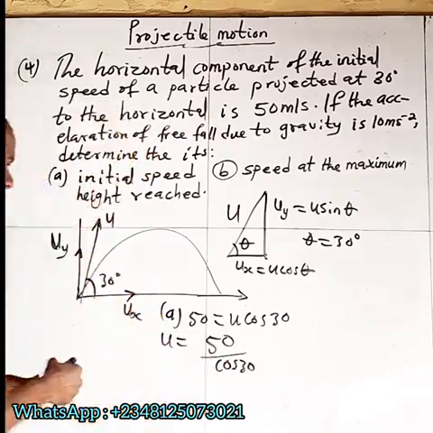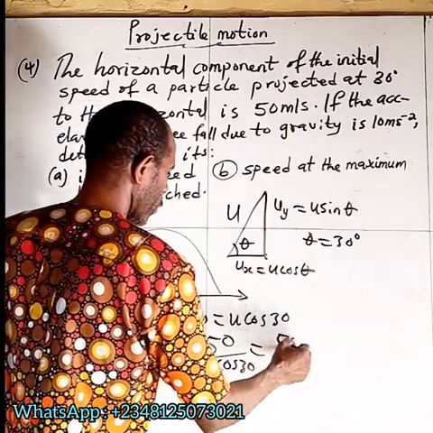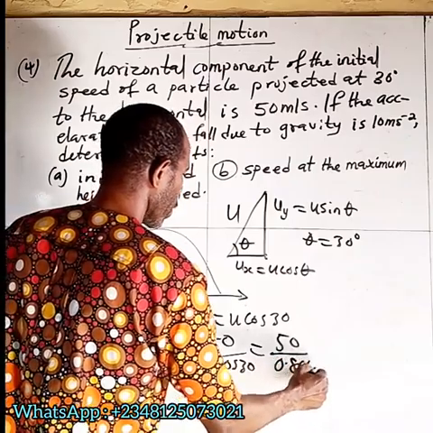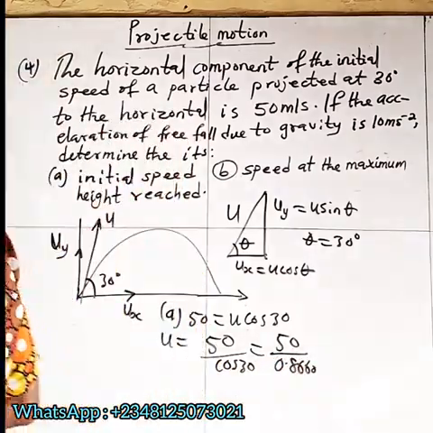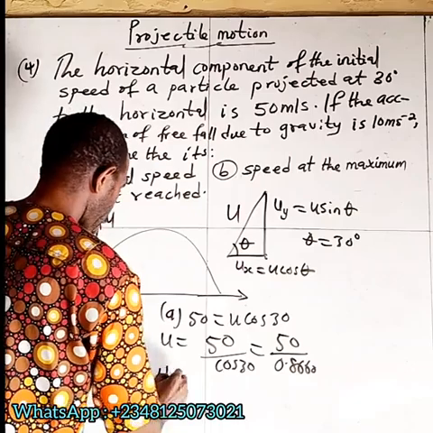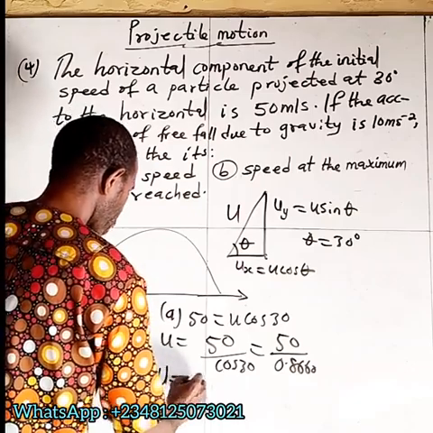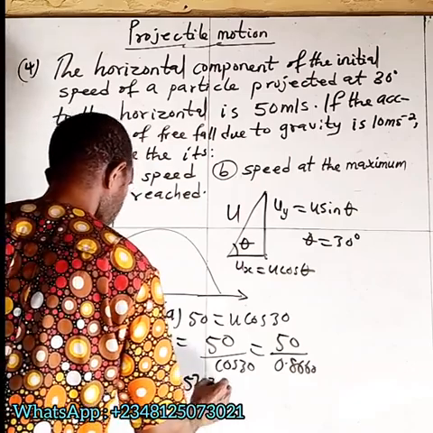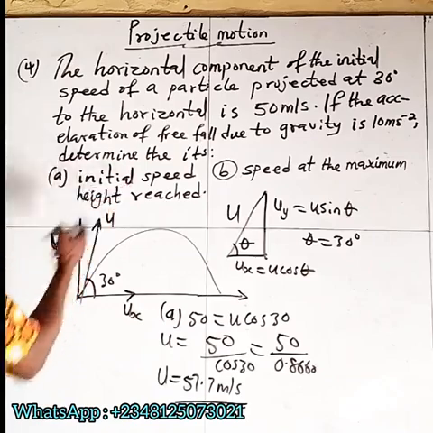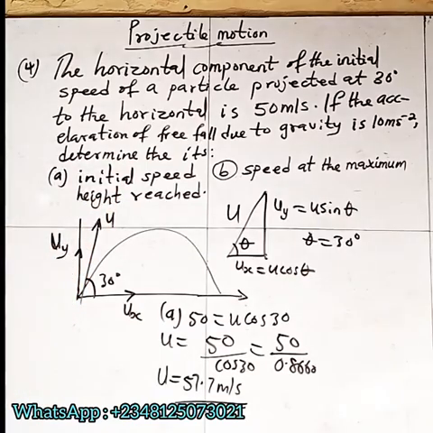What is cos 30? I think cos 30 should be 0.8660. Now let us grab our calculator and solve that. U will give us 57.7 meters per second. So that is the velocity with which the object was projected. That is the initial velocity.